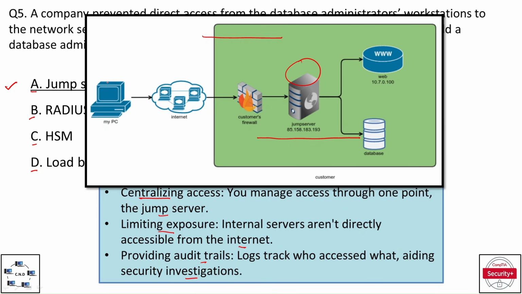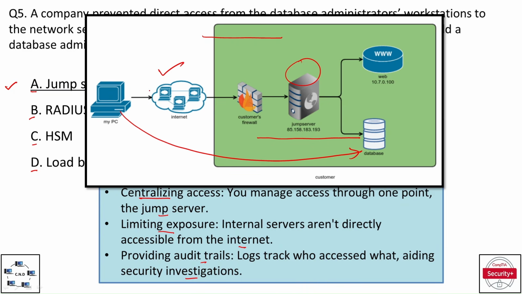Let's suppose you are somewhere remote and you want to access these database servers through the internet. Allowing this database server to be accessed directly through the internet is a security hazard.